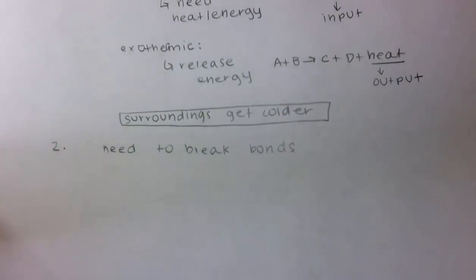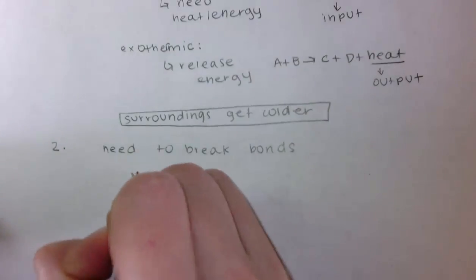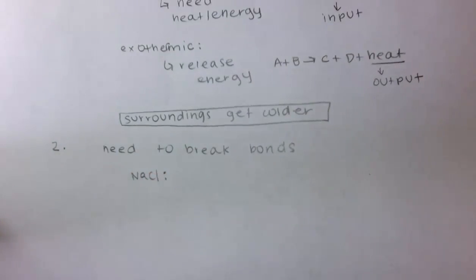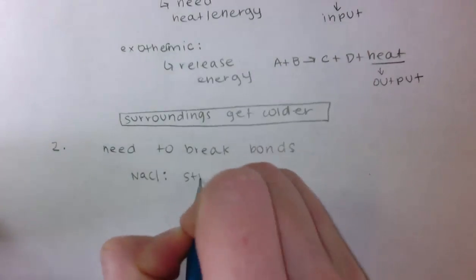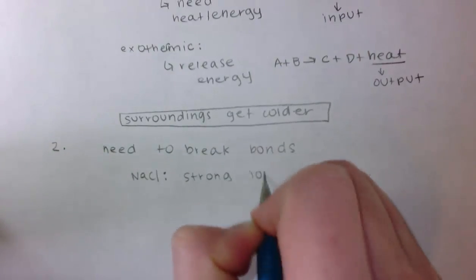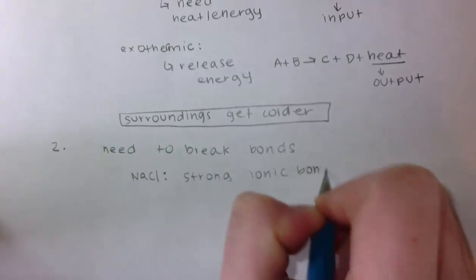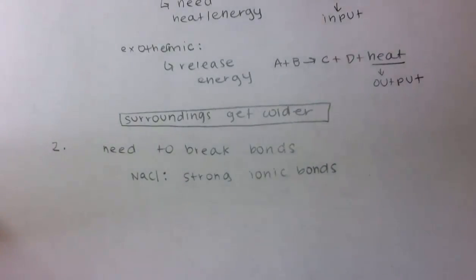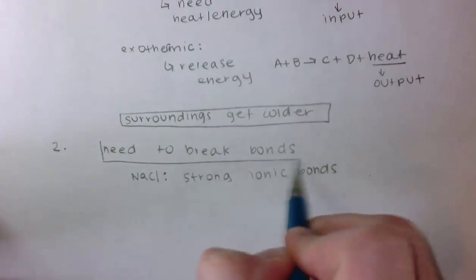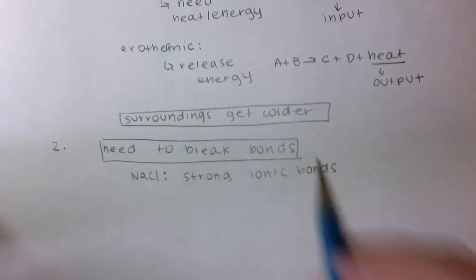And to break bonds takes quite a bit of energy. And if you remember, sodium chloride is a classic case of an ionic solid. So it contains very strong ionic bonds, which means we need even more energy to break these types of bonds. And that's the reason why this reaction is going to be endothermic.